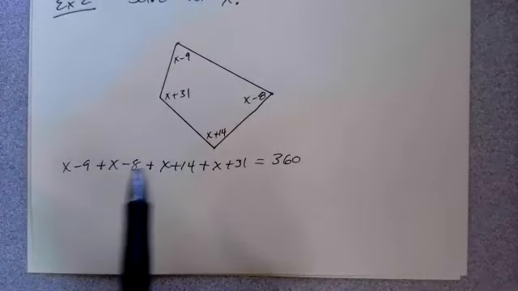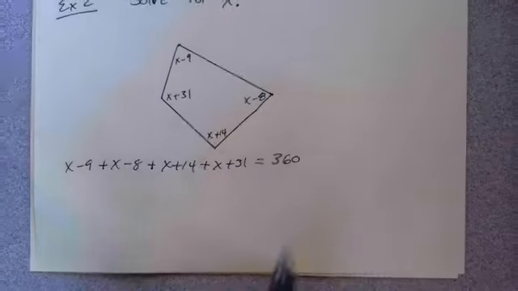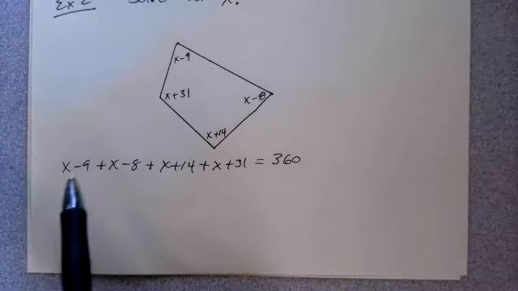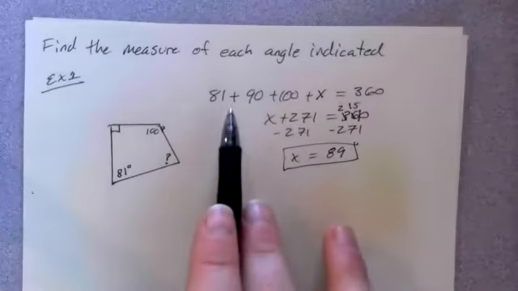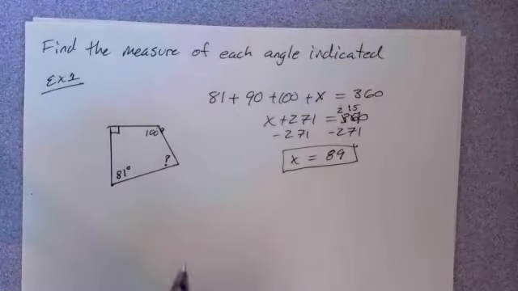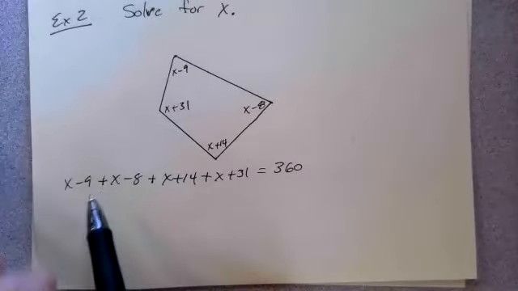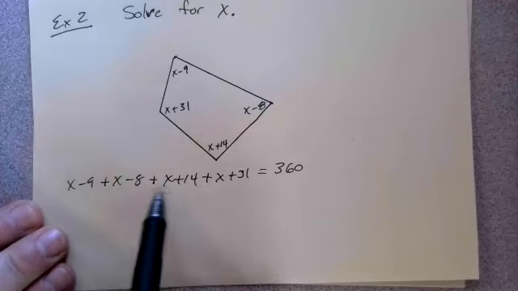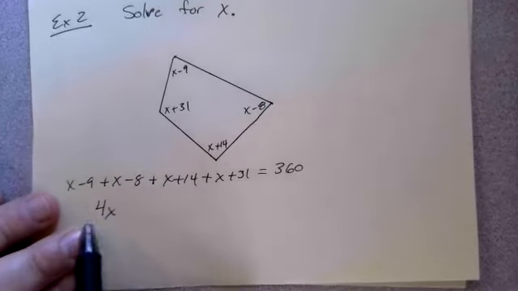Now we have this big, long thing. 1, 2, 3, 4 angles all add up to 360 degrees. Now, what do we do next? We have to combine like terms, much in the same way that we combined like terms here: 81, 90, and 100 gave us 271. So down here, we're going to combine all of our like terms. I have a positive x, positive x, positive x, positive x, so I'll end up with 4x.